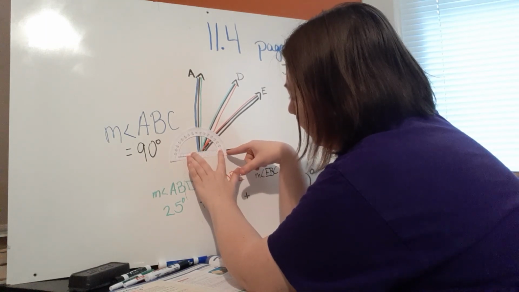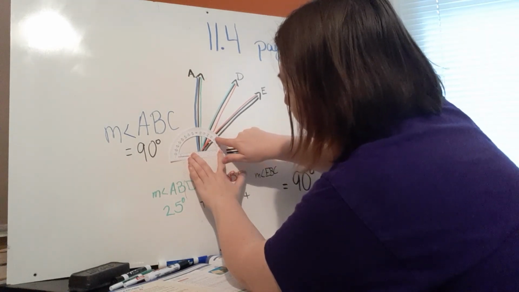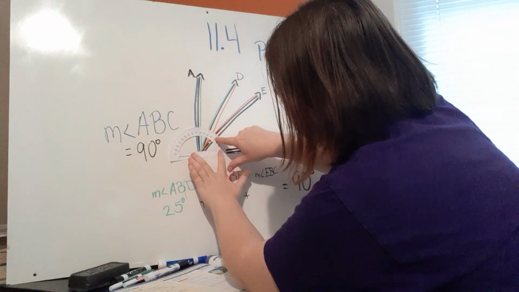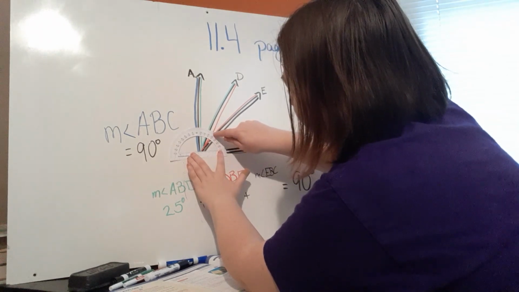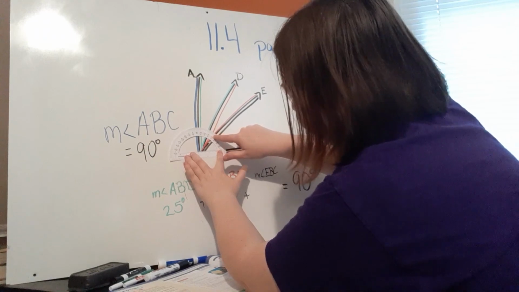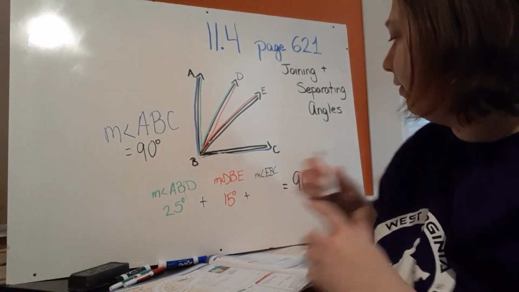Then I want to look at where ray BE is lining up. It's looking at about 50 degrees.